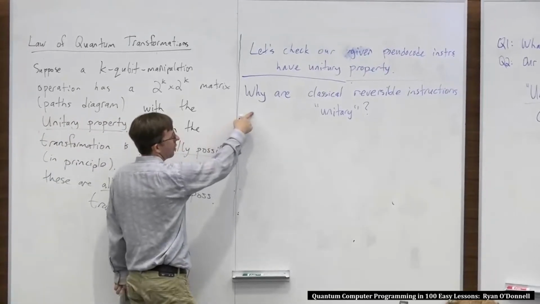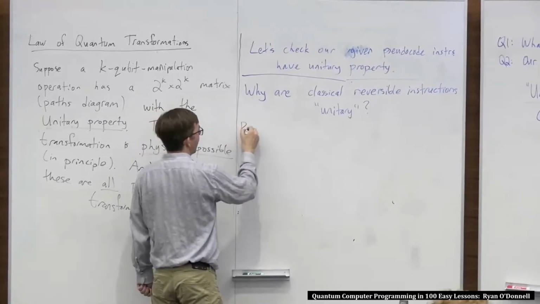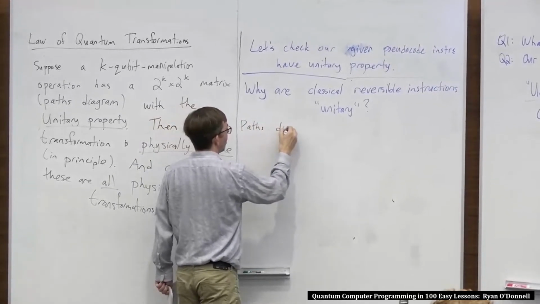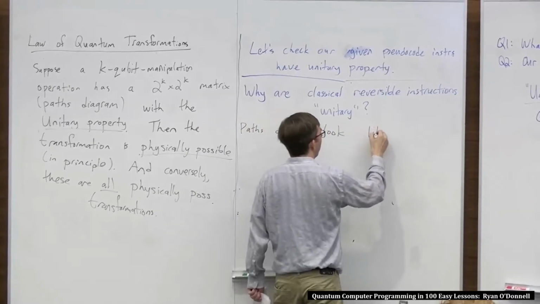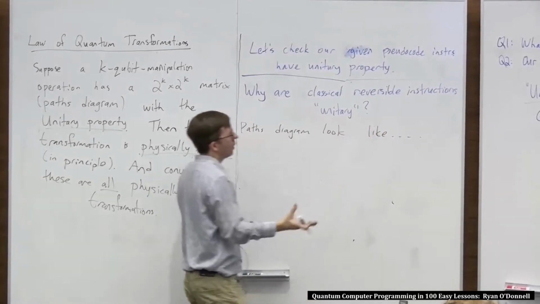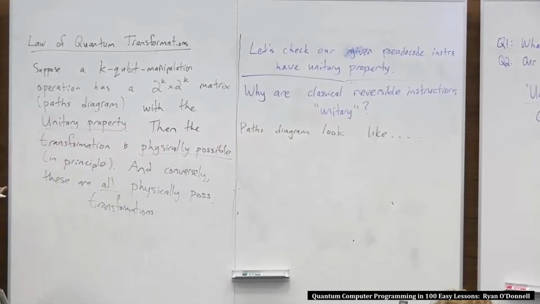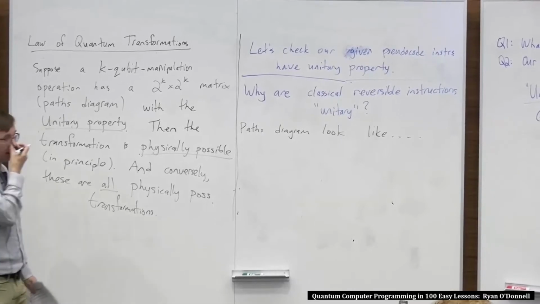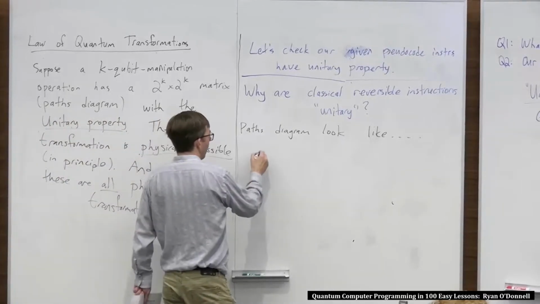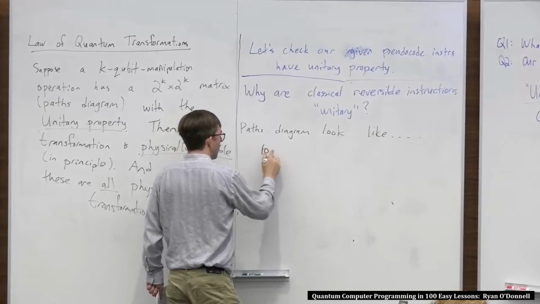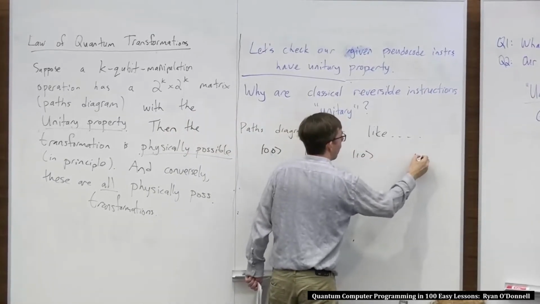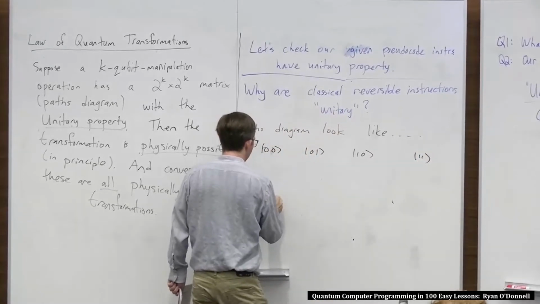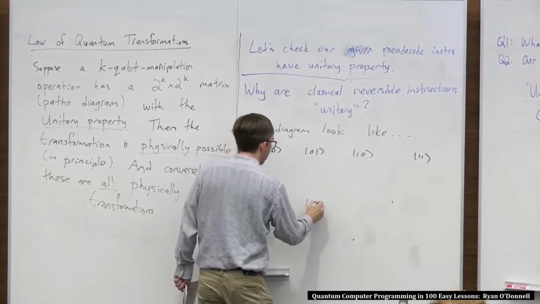So what's up with classical reversible instructions? Well, remember, they're defined by their paths diagrams. And they look kind of simple. So let's say you have a classical reversible instruction that operates on 2 qubits, like if A then toggle B, or swap A, B. Then its paths diagram has this on the top, and it has this on the bottom, all the possibilities for basic states.